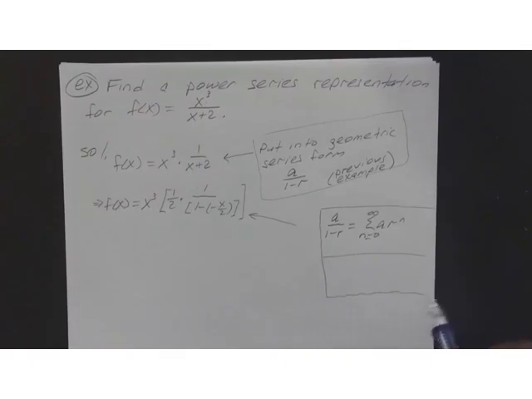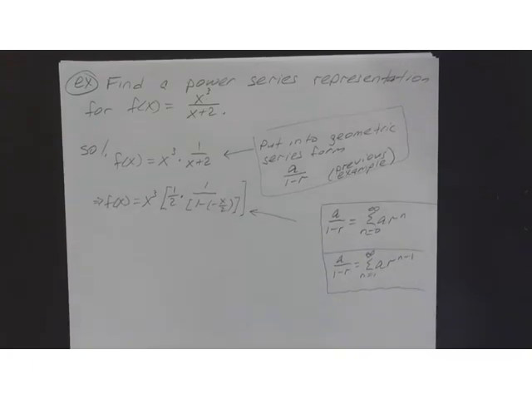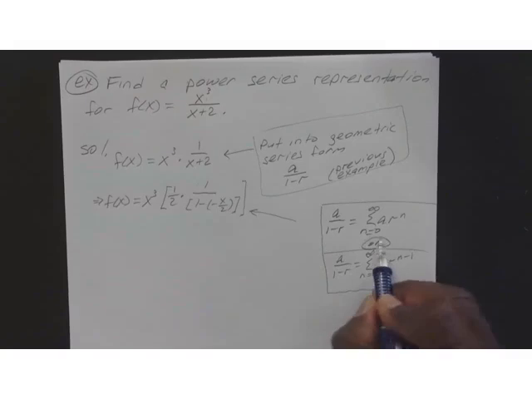And remember, you can also put it in the form the sum from n equals 1 to infinity of a times r to the power of n minus 1. So both of those are true.